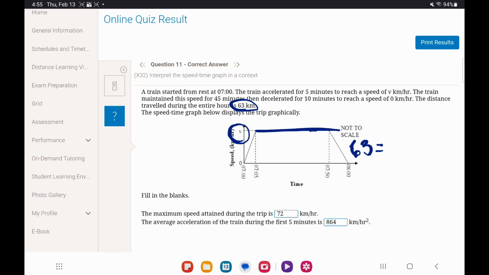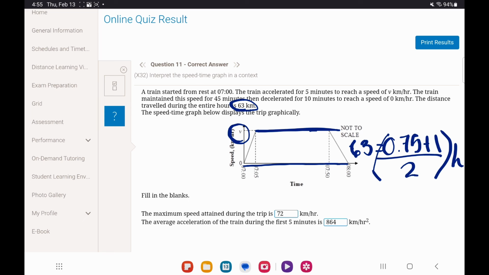So 45 over 60, because 1 hour is 60 minutes, gives 3 over 4, which is 0.75. So 0.75 plus, what's base 2? Base 2 is from 7 to 8, so it's 1 hour, so plus 1, over 2, times height. We don't know the height, we're trying to find it. So 63 equals 1.75 over 2 times height.